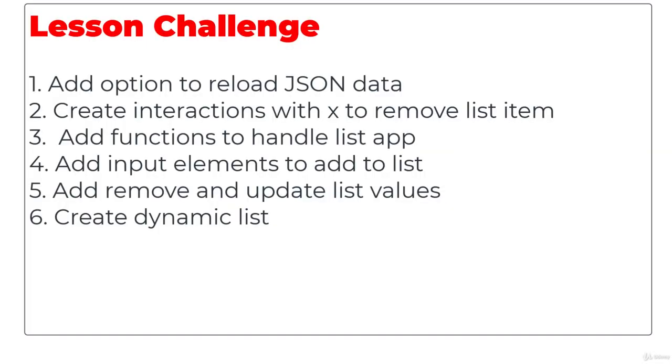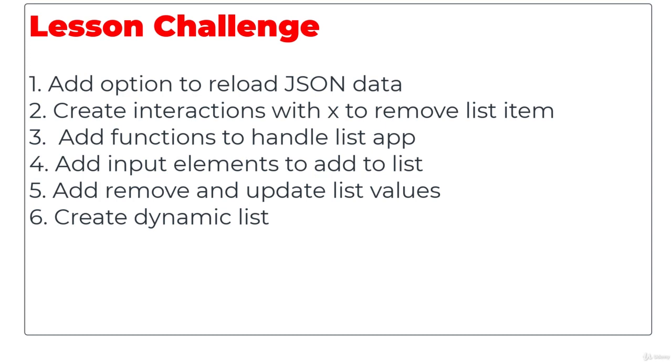Hey, in this lesson, we're going to be almost wrapping up the project, where we're going to be adding the option to reload the JSON data, and also adding another button that we can click to remove items from the list. Also having different functions that are going to handle some of the functionality that we've been creating, so separating those out so it's more logical within the application, and then also adding input elements that can add to the list, so dynamically creating those, adding those to the page, so that whenever we click a button, we can add items to the end of the list, and then also remove stuff from the list and reload the JSON.